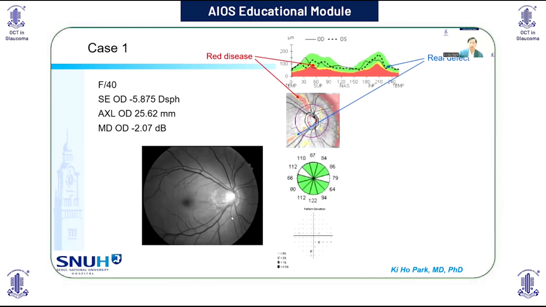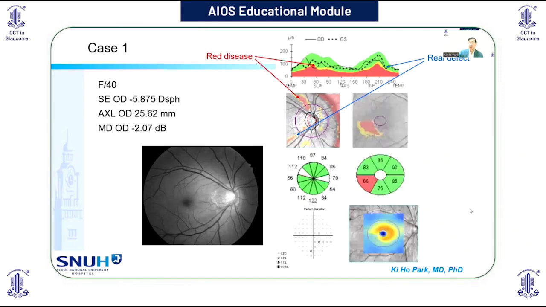So if you review the RNFL photography, you can see there is an RNFL defect in the inferior temporal region here, and it is detected by the OCT deviation map here. So this is a real defect, inferior temporal region.